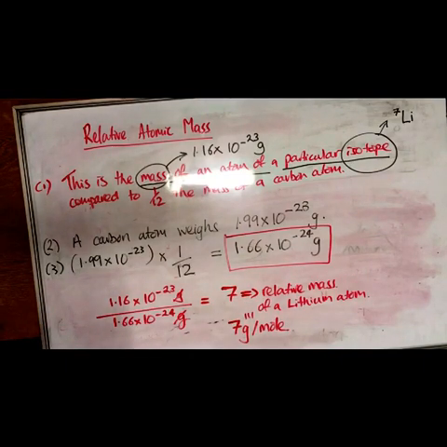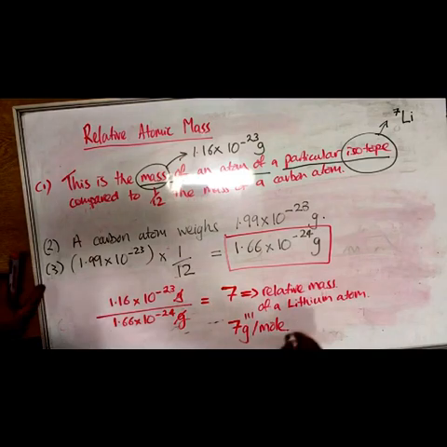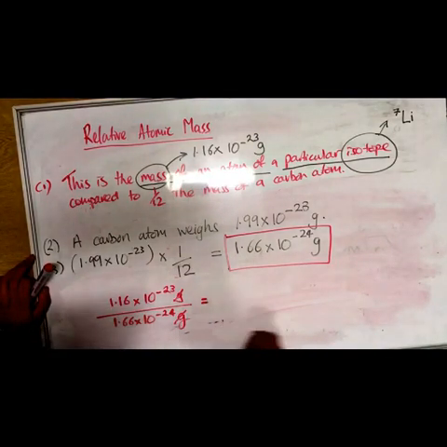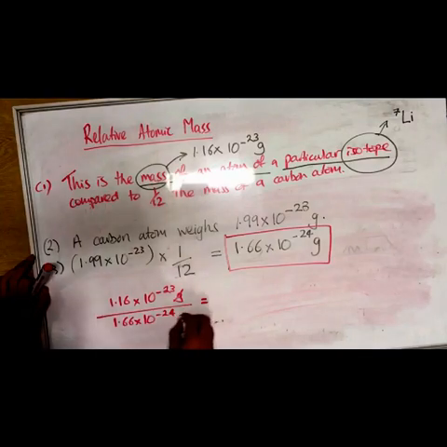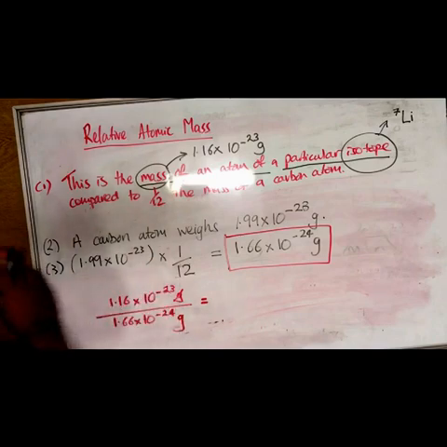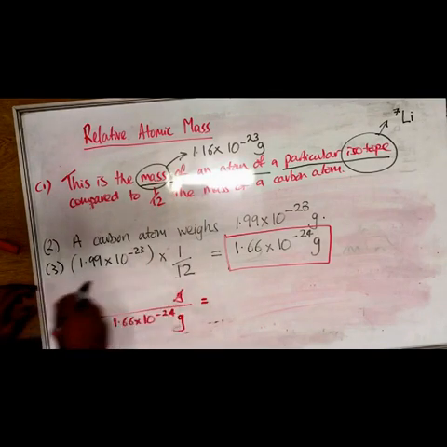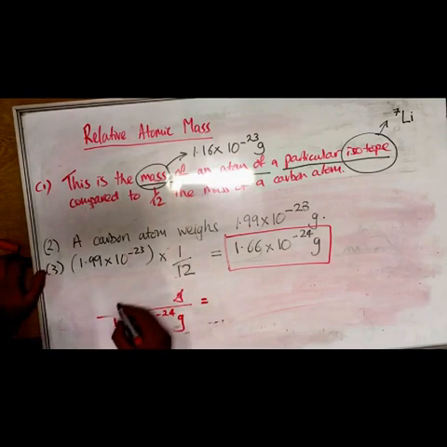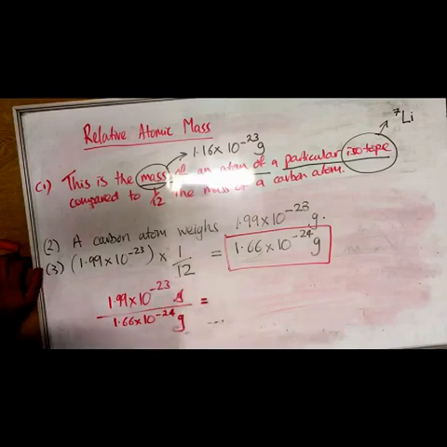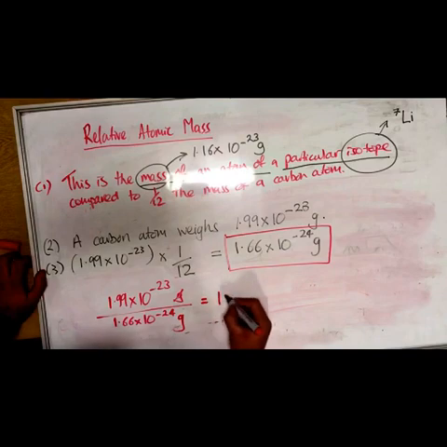So instead of lithium this time, let's move on to carbon. We know that one atom of carbon actually weighs 1.99 times 10 to the minus 23 grams this time. So if you calculate that on your calculator, what you'll actually get is 12, or 11.9 maybe.